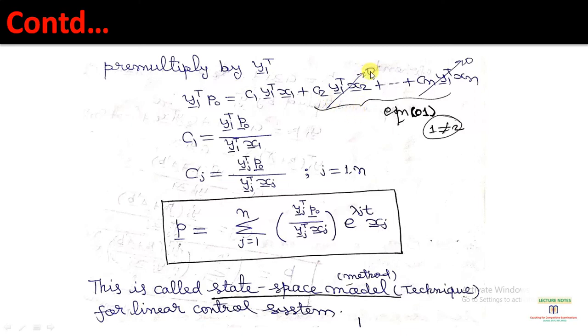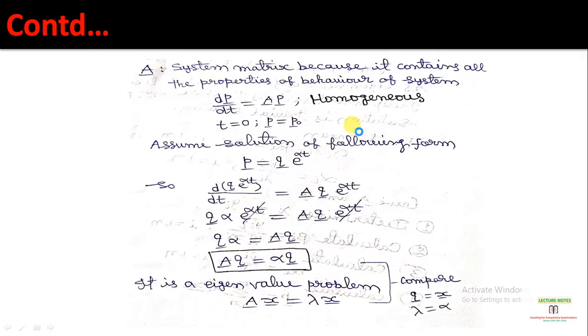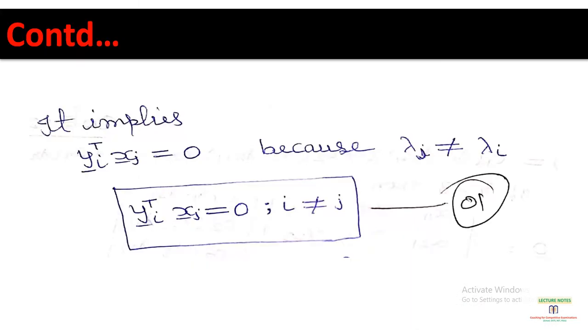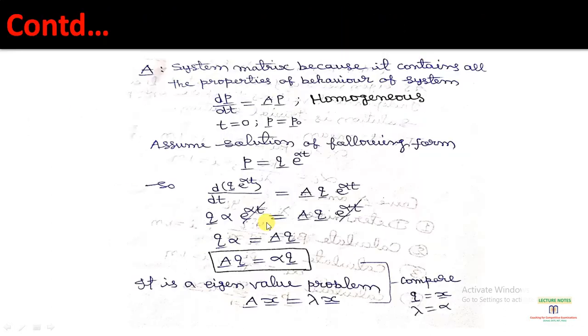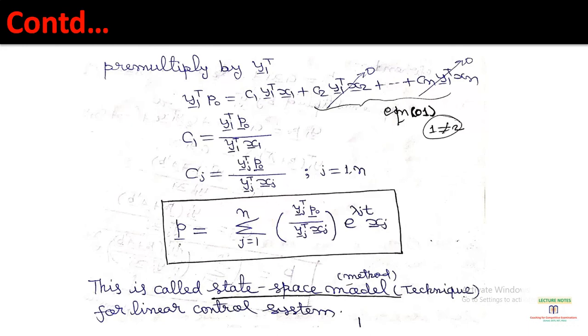We have put this 0 from the first equation, yi transpose xj equals 0 for i not equal to j. So this value we put here, and these terms will be 0, and the remaining term is this one.